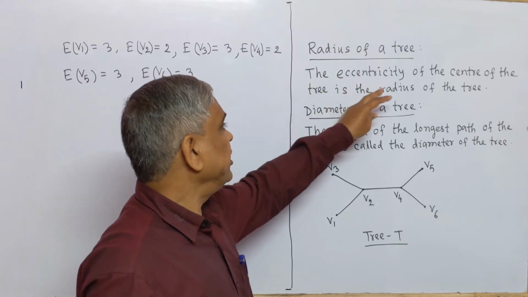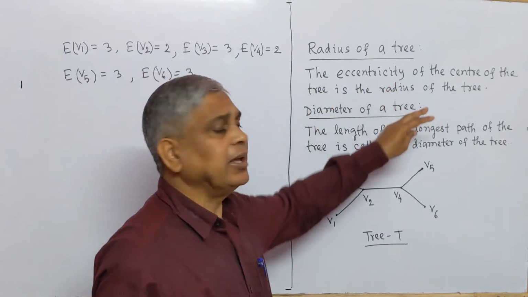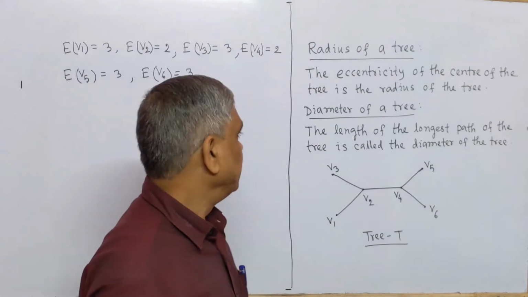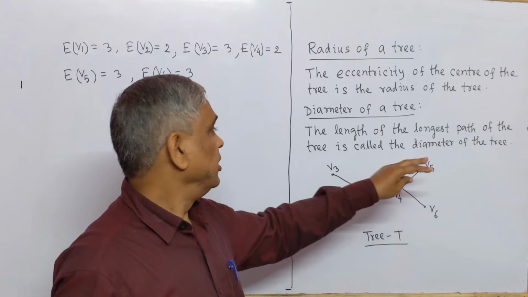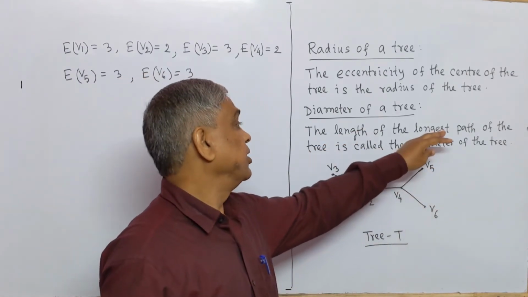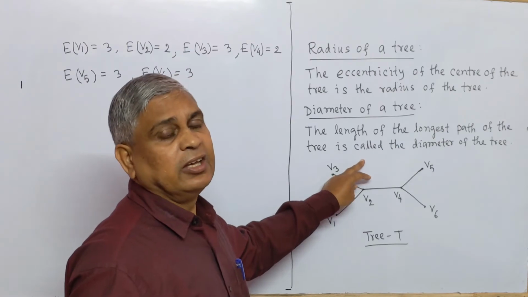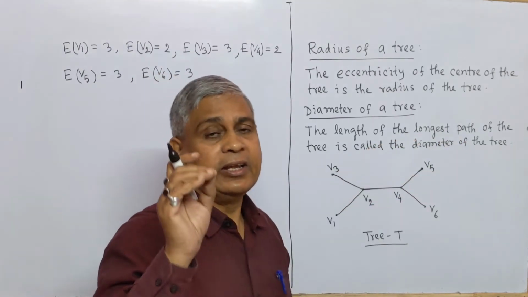The eccentricity of the center of the tree is the radius of the tree. Now we define diameter of a tree. The length of the longest path of the tree is called the diameter of the tree.